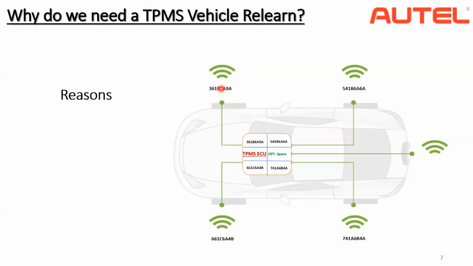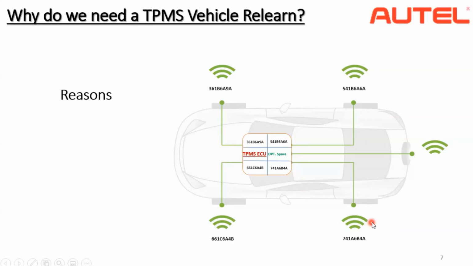For example, the front right tire, which holds this TPMS sensor, goes to the rear, and the same with this one, and these go to the front. So the whole wheel is usually moved. The sensors are not taken out and positioned later on. The whole wheel with the sensor which holds this ID is moved to a different location.